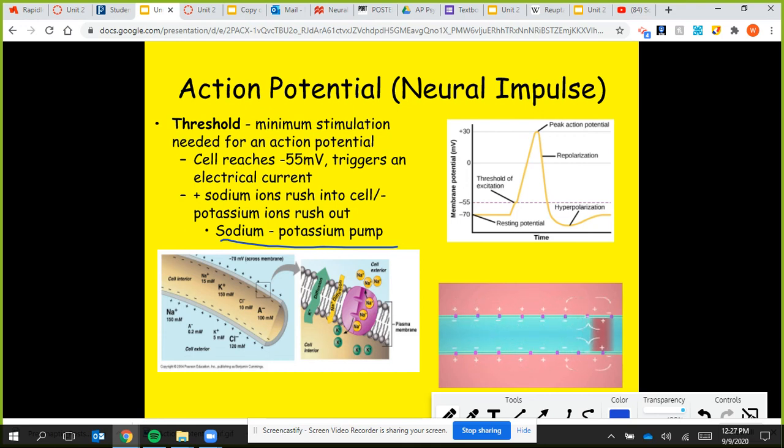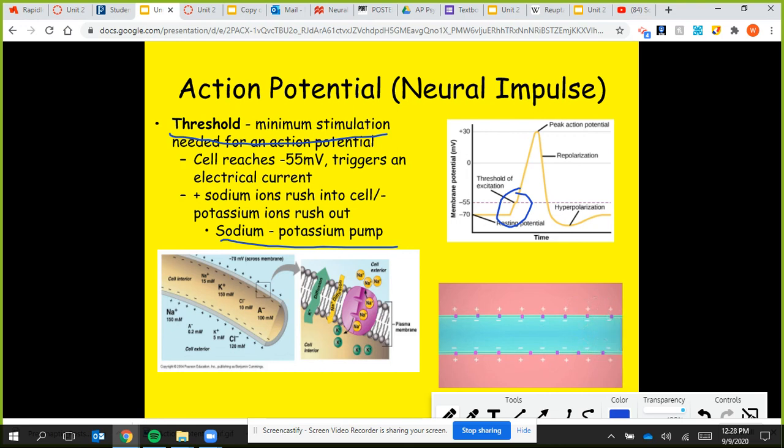for there to be an action potential, it needs to reach what is called the threshold. The threshold is the minimum amount of stimulation a neuron needs to fire, for there to be an action potential. This neural threshold during depolarization is about negative 55 millivolts.